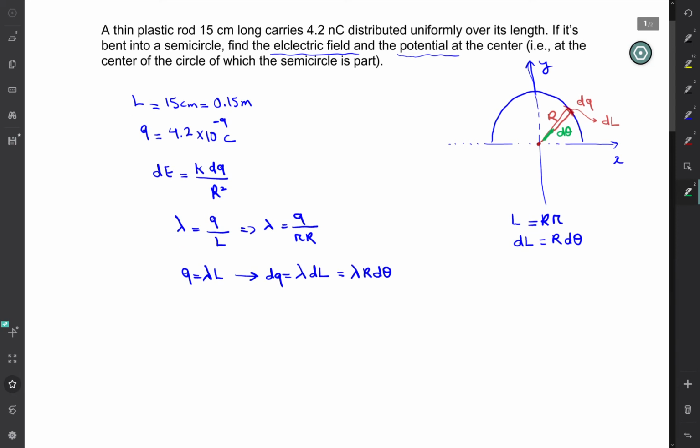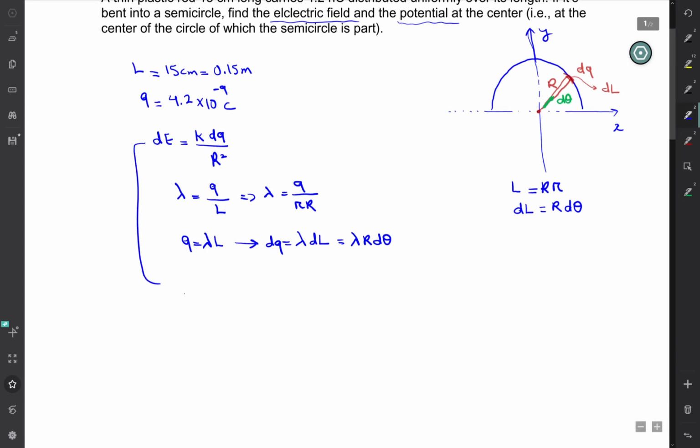Having dq, I can sub that into the equation for the electric field. If I go back to this equation, dE equals k, instead of dq, I can write lambda r d theta over r squared.